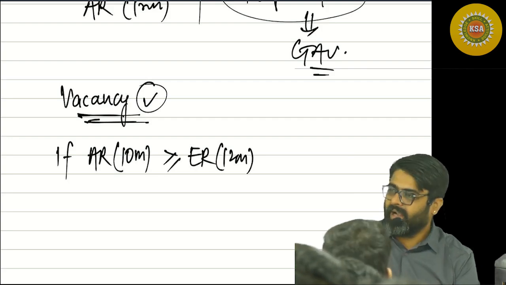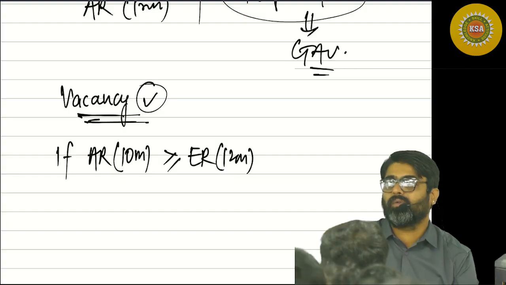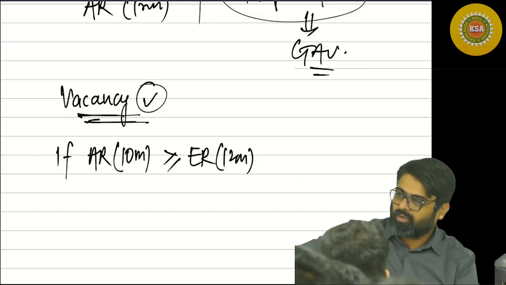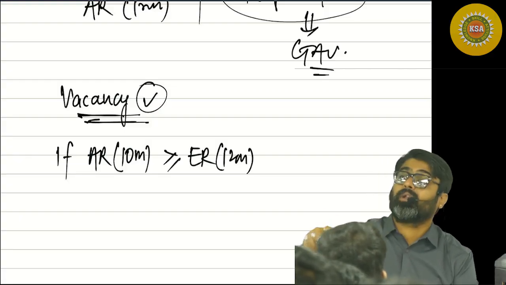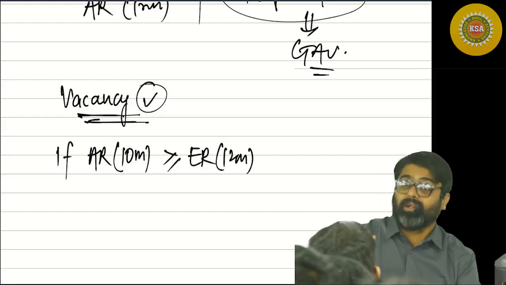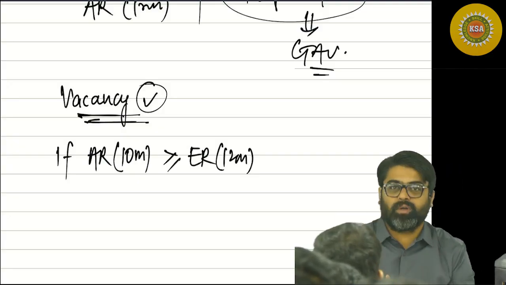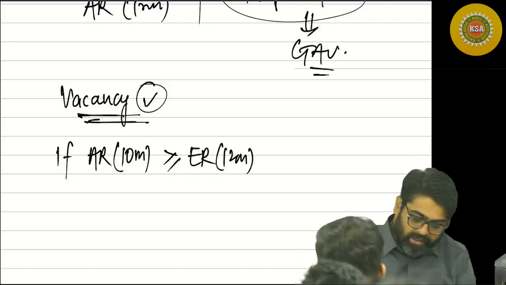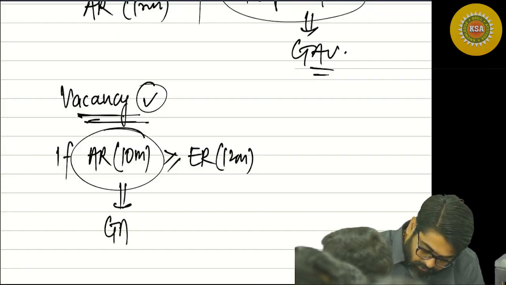So am I trying to hide something from the government? I am trying to show the actual amount of actual rent, which is more than your expectation. So the government says that if the assessee is showing a higher amount of actual rent even after vacancy, or an actual rent equal to our expectation, then consider this actual rent only as GAV.